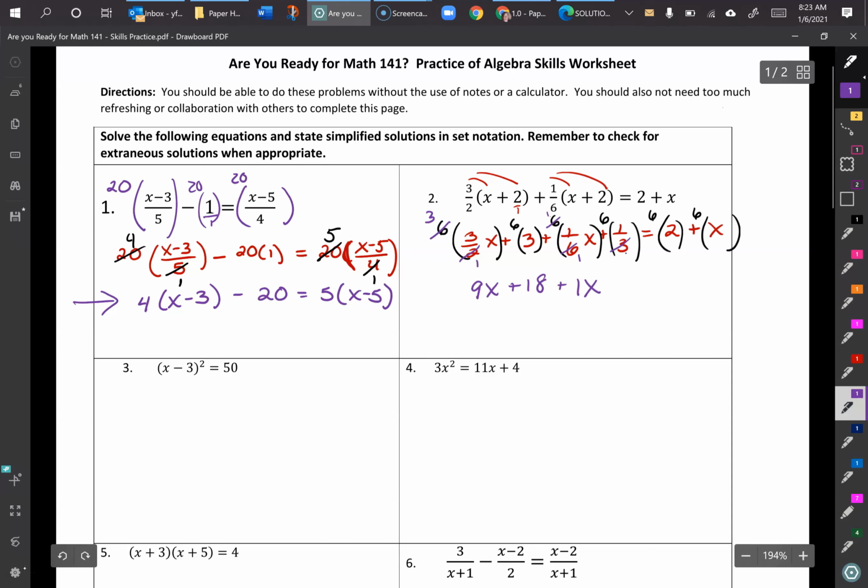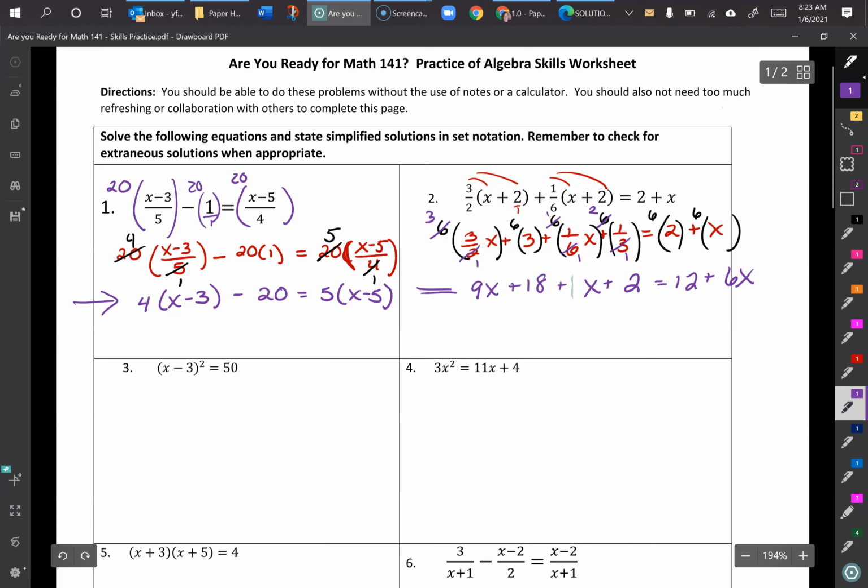Sometimes it gets a little lost. And then the 6 over 3 is my 2. I don't need to write that one actually. And then equals 6 times 2, it's going to be my 12. 6 times x is 6x. So that actually might just be a little bit cleaner for you.